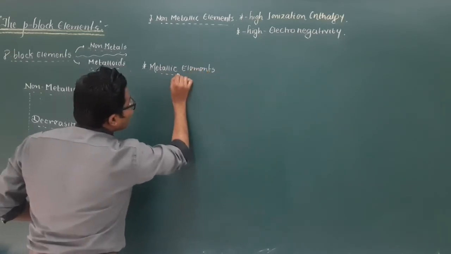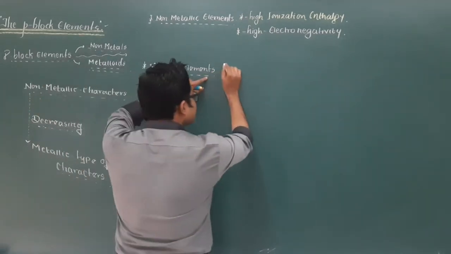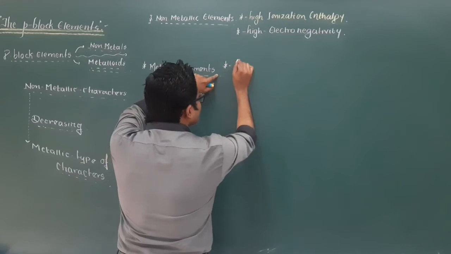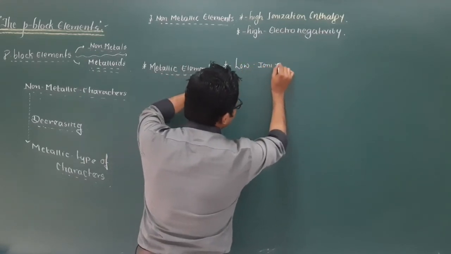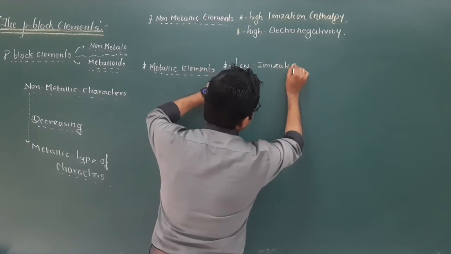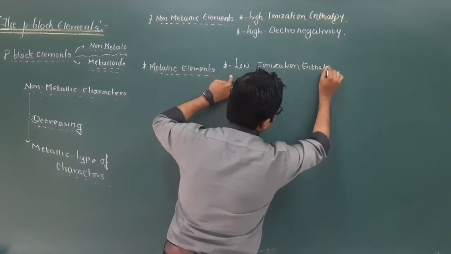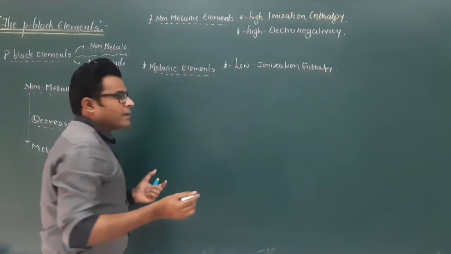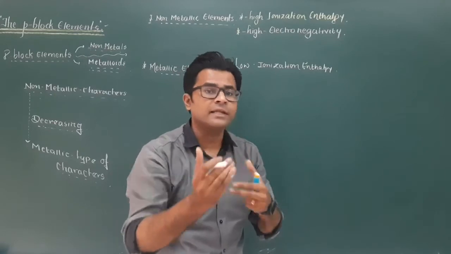In the case of metallic elements, these elements exhibit low ionization enthalpy. Any substance which is called a metal has a very good tendency to donate electrons.